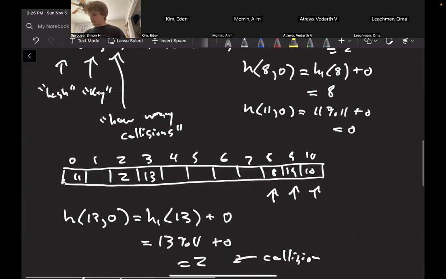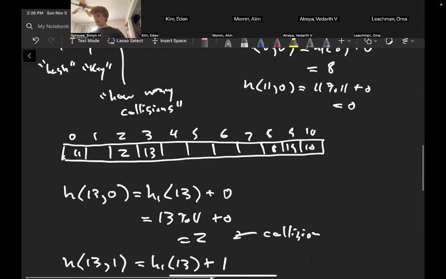The other possible issue that I see is that you might have to probe for a really long time to find where you need to insert your next thing, right? Imagine you are inserting something that would go into this element here. What's something mod 11 that gives you 8?